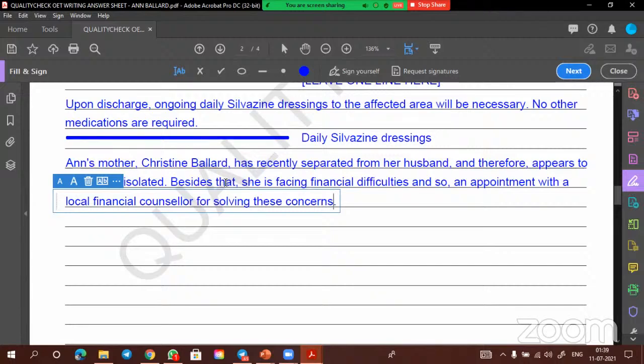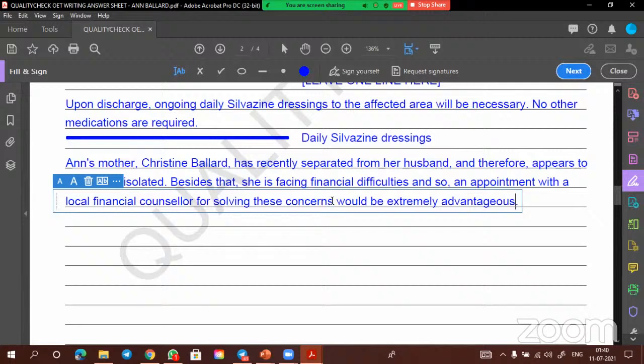Okay, with these concerns would be extremely beneficial, extremely advantageous, full stop. Okay, a profitable or useful, like that.